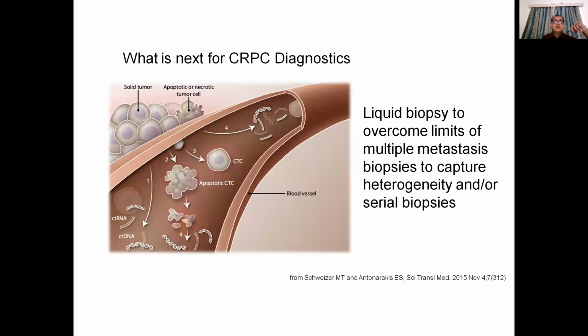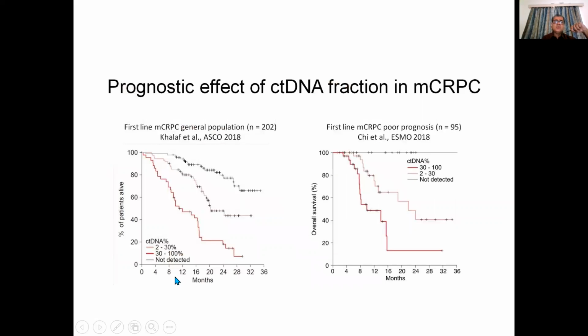Another short thing is about the liquid biopsy. You can take the blood of the patient to look at the circulating tumor cells and circulating DNA in these patients to guide treatment. In general, it is understood that there is a lot of prognostic value in the circulating tumor DNA fraction in metastatic castration-resistant prostate cancer.